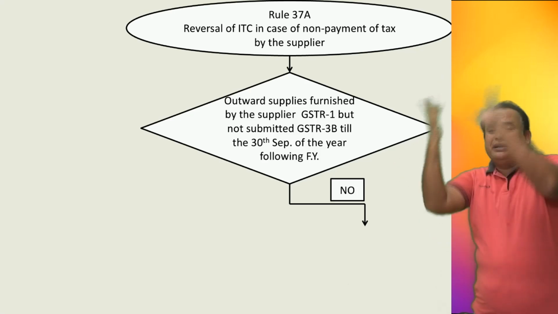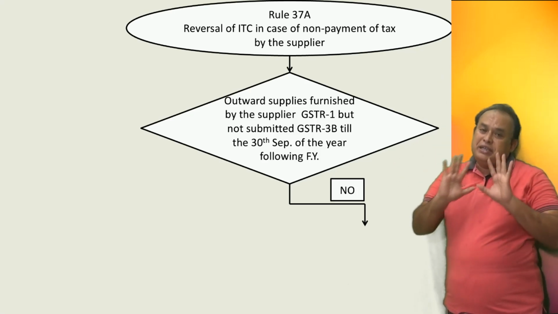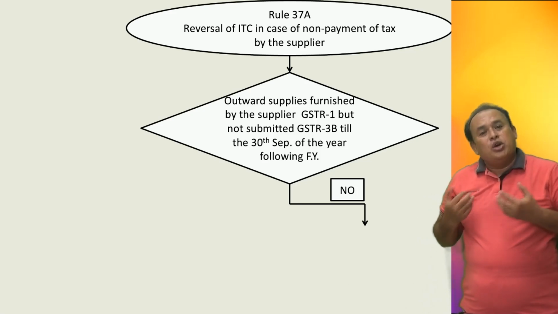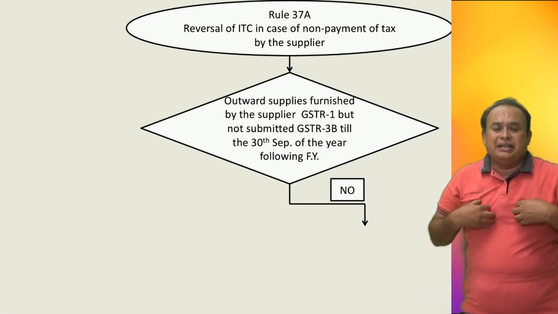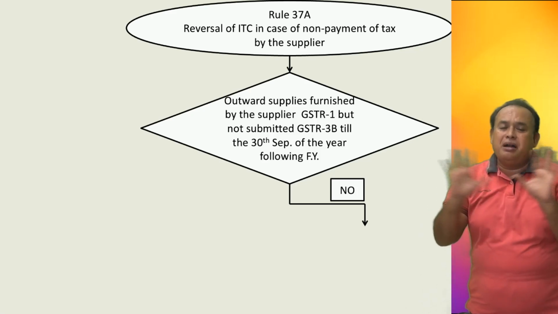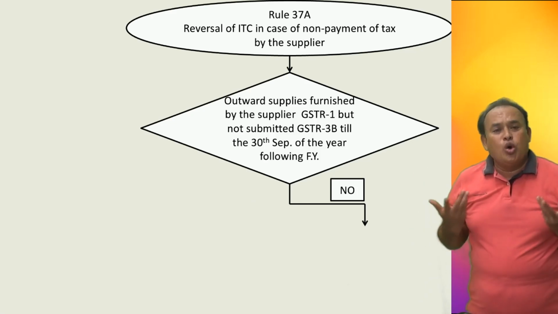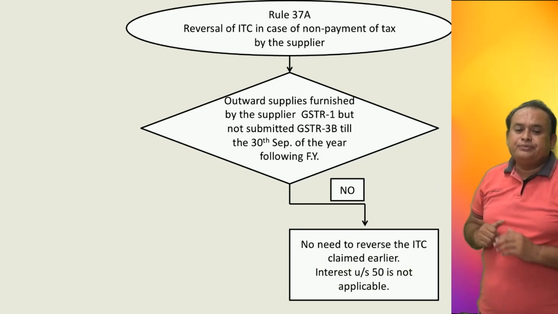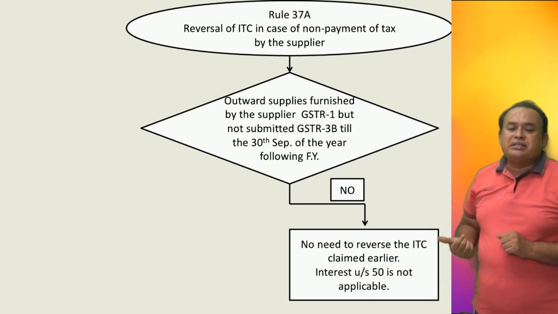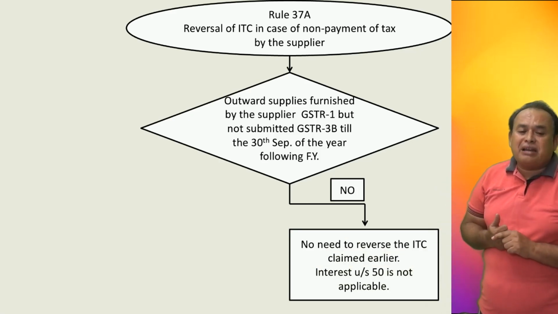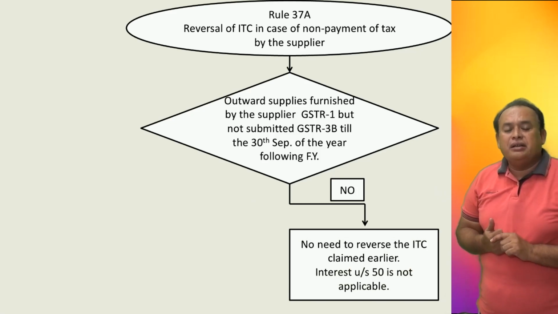If so, the recipient, whatever input tax credit he availed, is availed only, not required to reverse. At the same time, no interest arises here. No need to reverse the input tax credit claimed earlier.